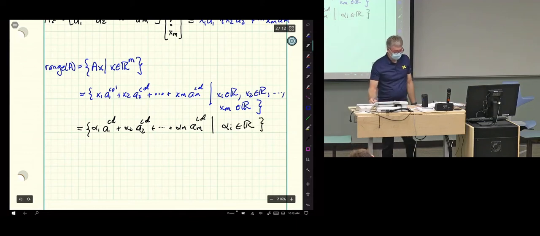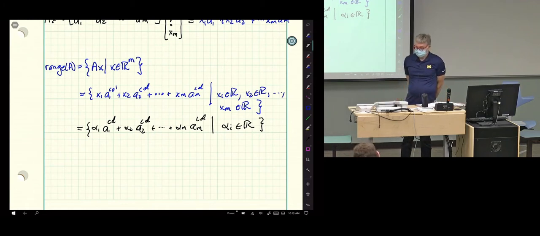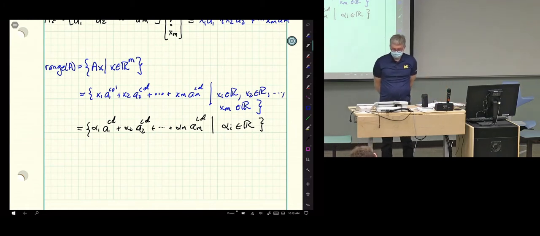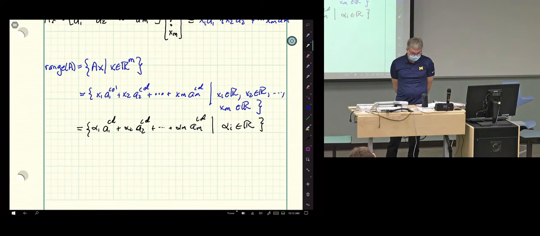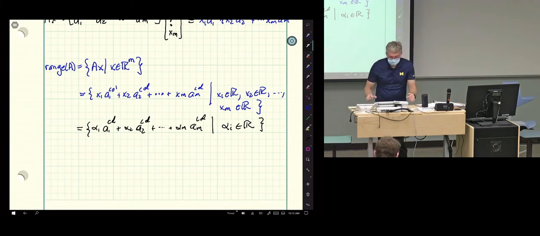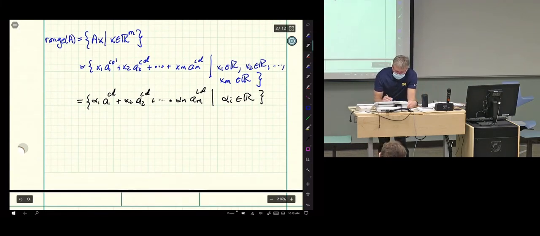Okay, and I'll just shortcut a little bit and just say the alpha i's are in the reals instead of writing down alpha 1, alpha 2, alpha m. But since the alphas are free, this generates all possible linear combinations of the columns of A, and then by definition, that's the span.